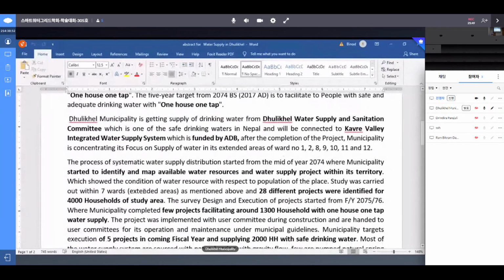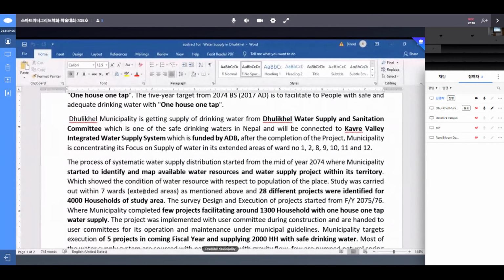Currently, the Dhulikhel municipality is divided into two parts: the main city area and some village areas. The main city area is getting drinking water from the Dhulikhel Water Supply and Sanitation Committee.